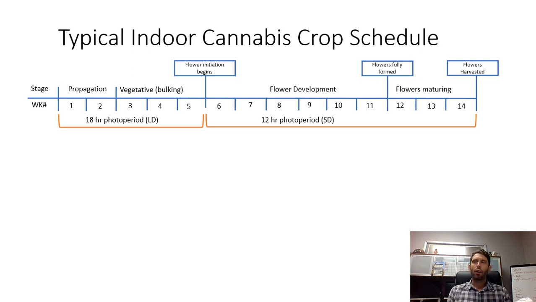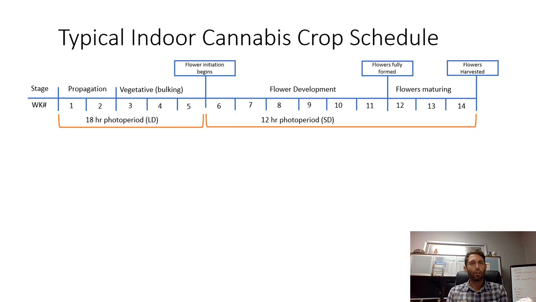What we've come up with is that if you were to open a crop physiology book and read through the photoperiodism section, by the book, for most plants, a long day is anything longer than 12 hours, and a short day is 12 hours or less.